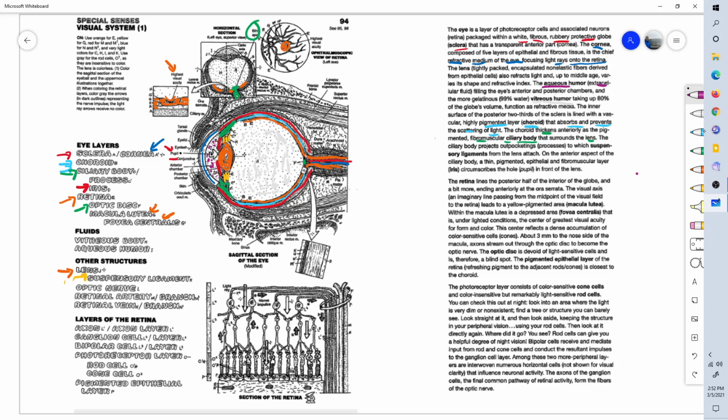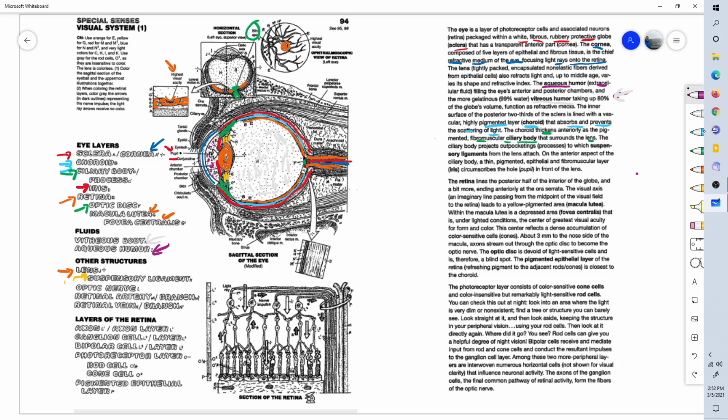The vitreous takes up 80% of the volume of the globe, of the eyeball. The vitreous body and the aqueous humor, the vitreous body containing the vitreous humor.